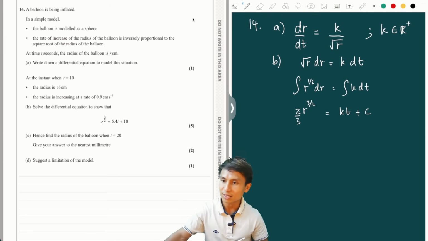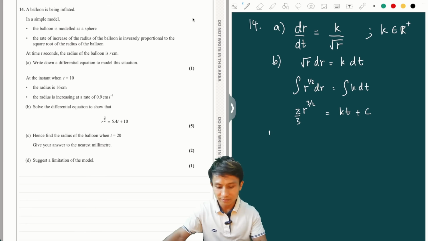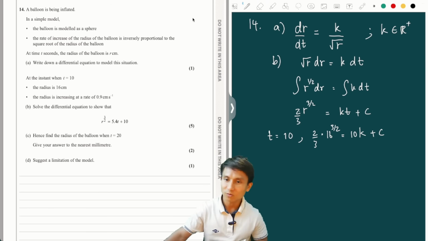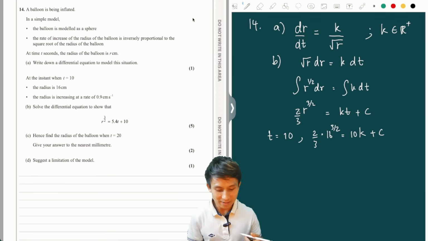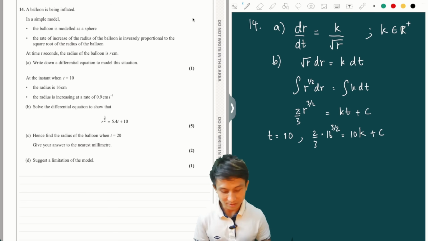Now at t equals 10, substitute the conditions. Radius is 16. So 16 to the power of 3 over 2 equals 10k plus c. We haven't got anything yet. But then we have an equation between k and c, so let's see what we get next.